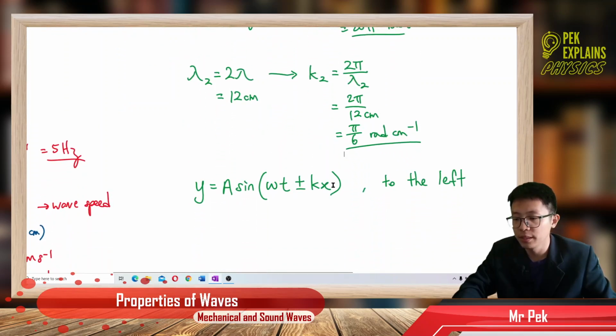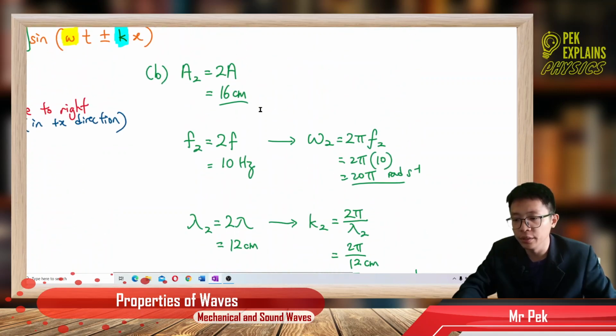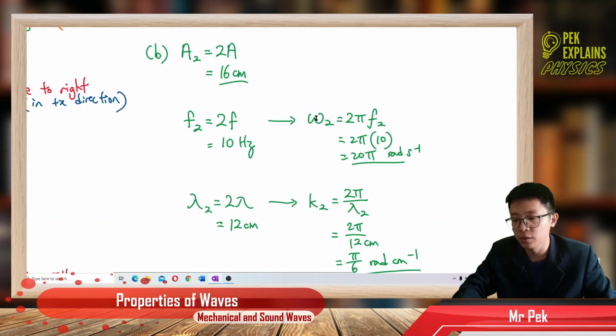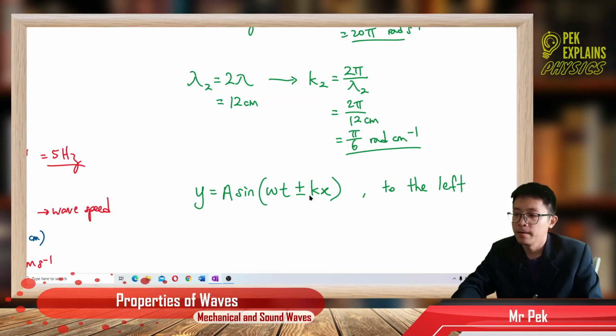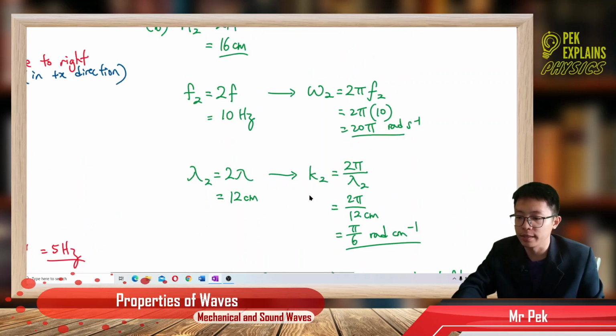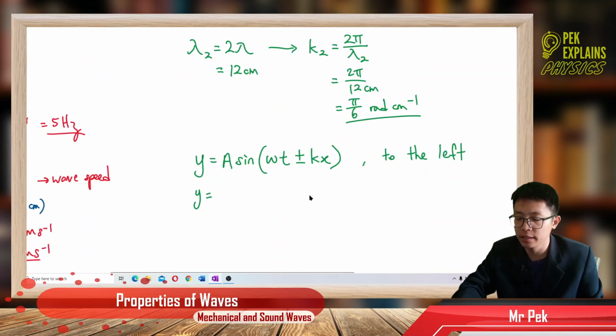So the general formula is y equals A sine of omega t plus or minus kx. I just substitute the new amplitude, omega, and k into the formula. Then I get the new equation for the new wave. So y equals what?